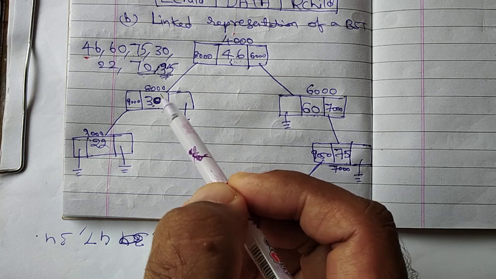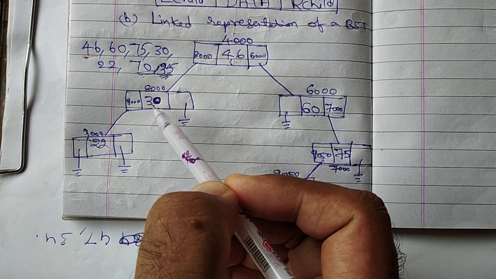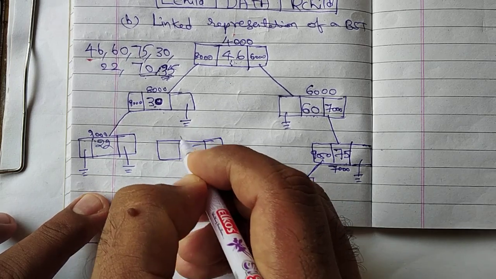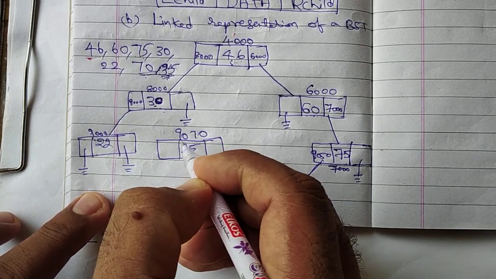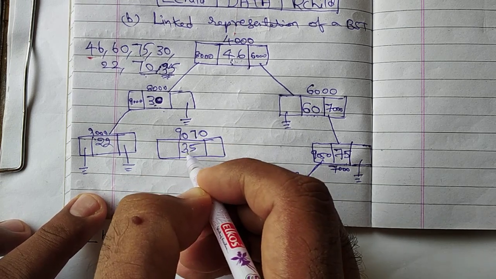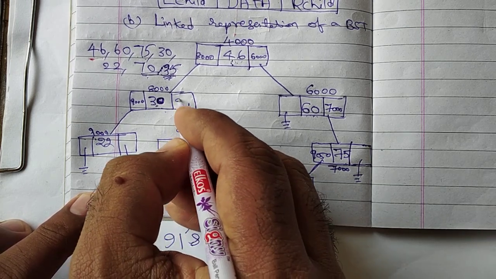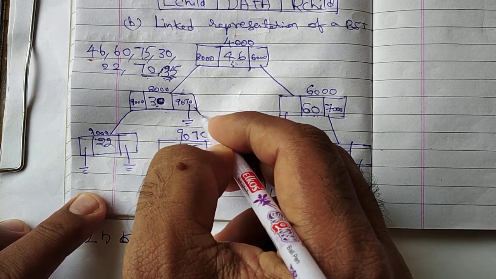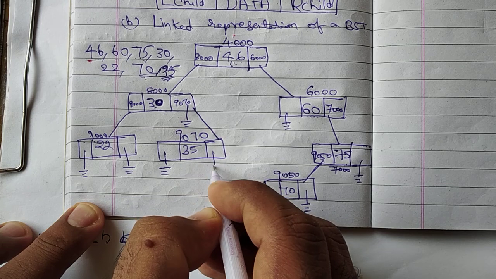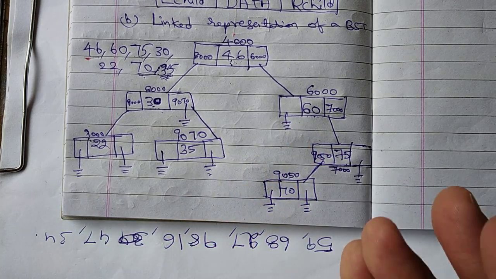Compare with that one. 35 is greater than 30. So create a new node 35. Assume it is 9070, which means 9070 is the address of the 35 node. Instead of null, place it here so that it creates one more link. Here we will place nulls. So this is also the insertion operation.